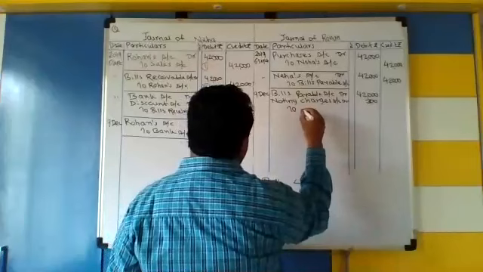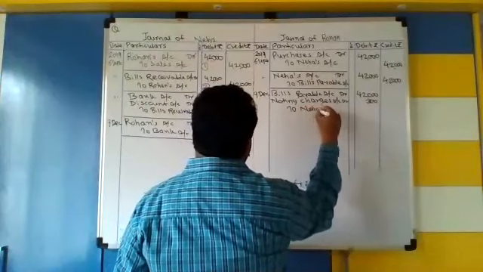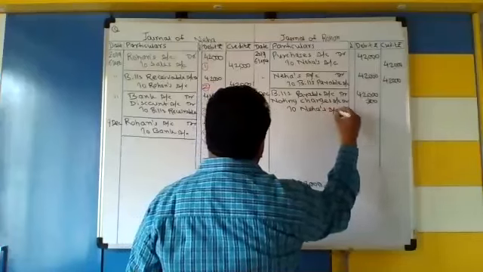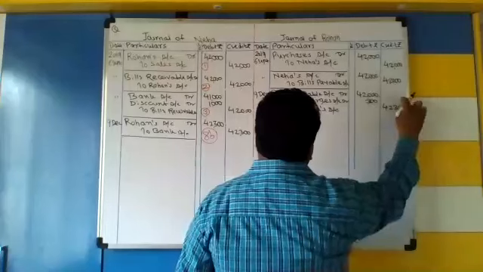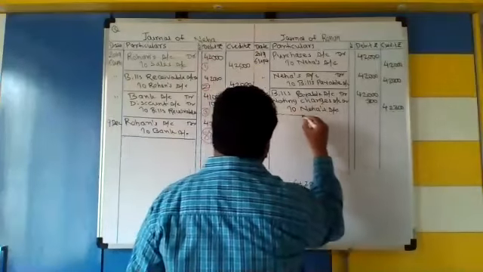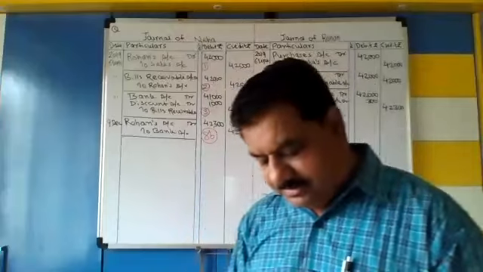So bills payable account debit, noting charges account debit to Neha's account.